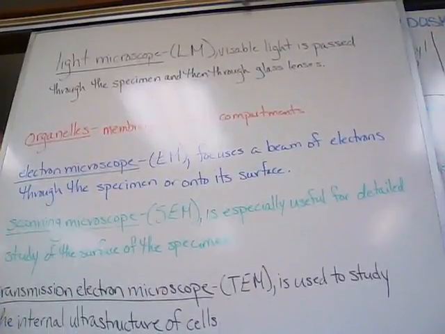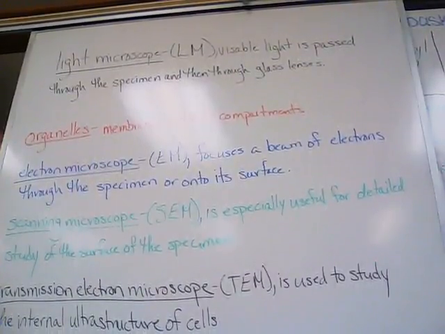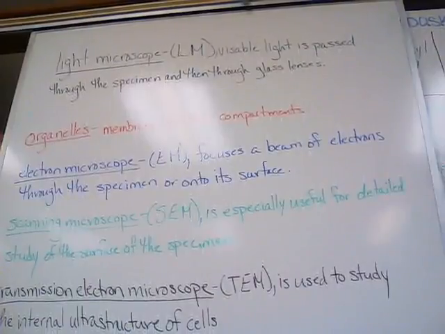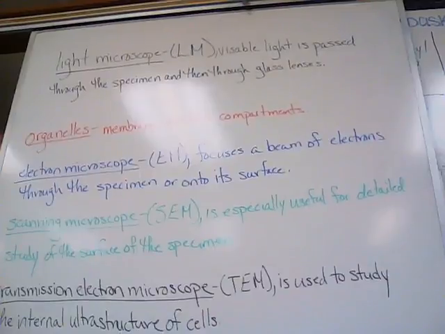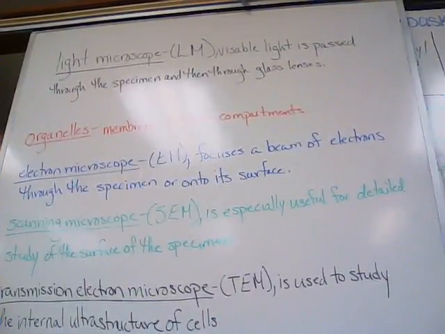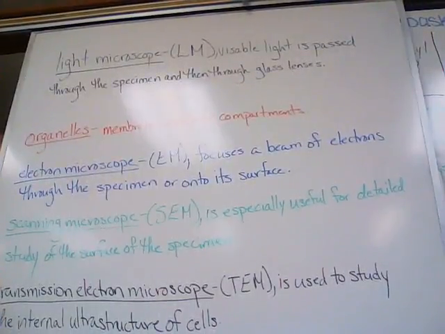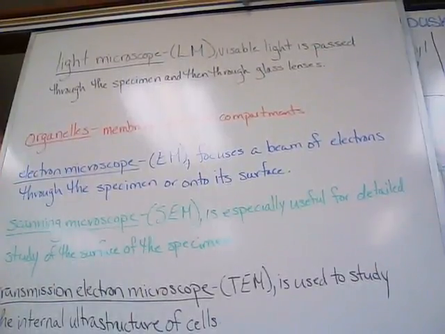The beam excites electrons on the surface, and these secondary electrons are detected by a device that translates the pattern of electrons into an electronic signal to a video screen. The result is an image of the specimen's topography. The SEM has great depth of field, resulting in an image that appears three-dimensional.